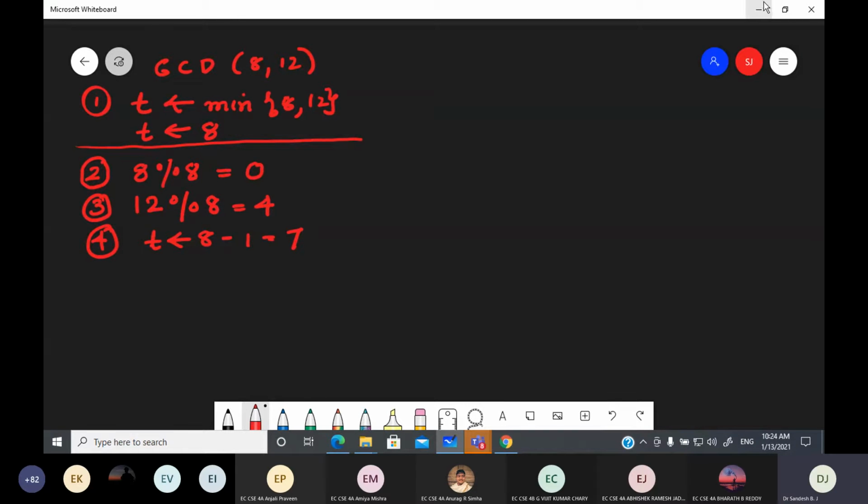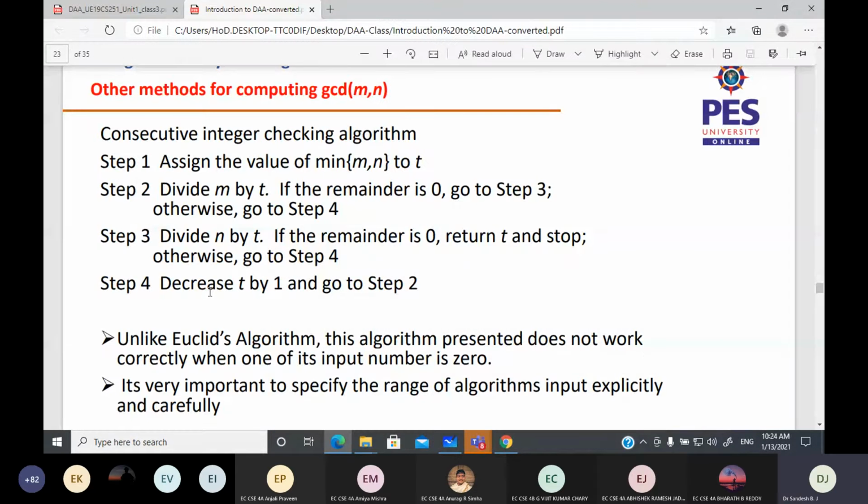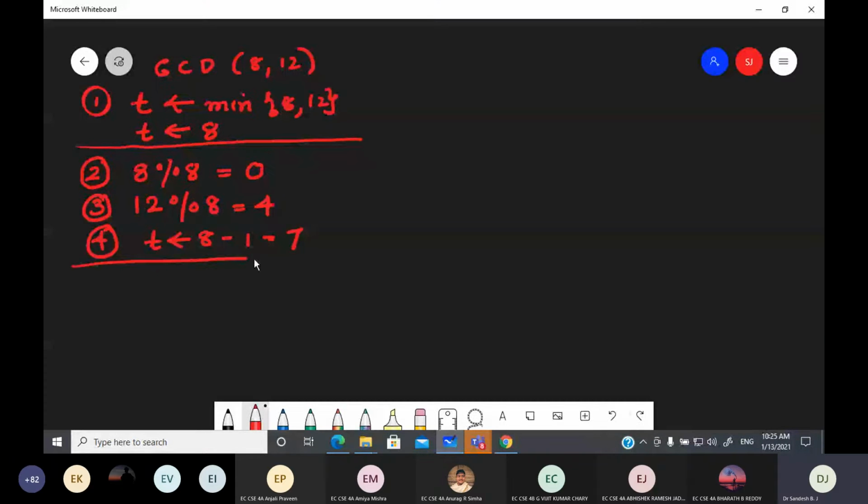Now, once you decrease t by 1, you loop back to step 2. In step 2, you are dividing m by the new value of t. You are going to divide 8 by 7 and find the modulus, which is 1.